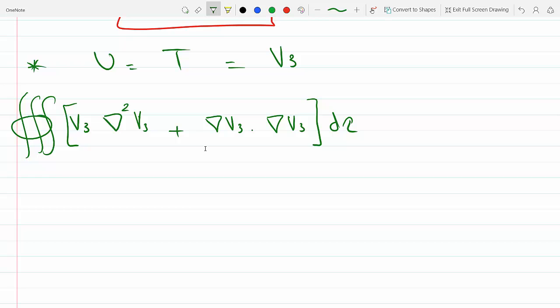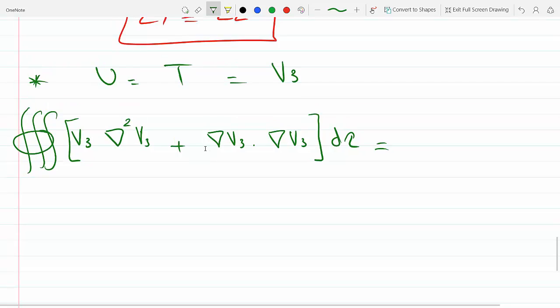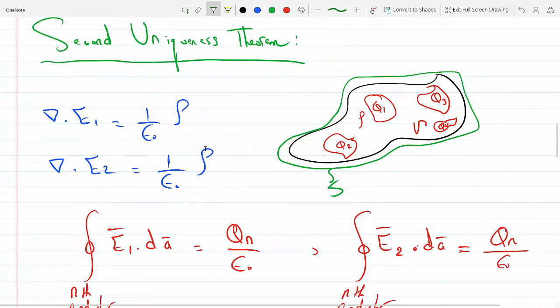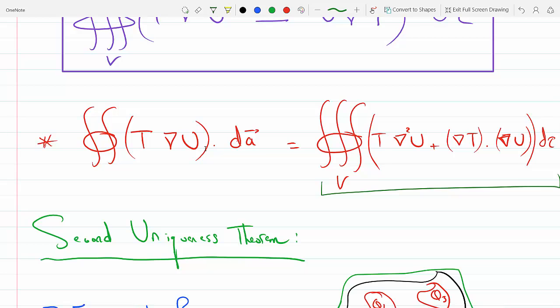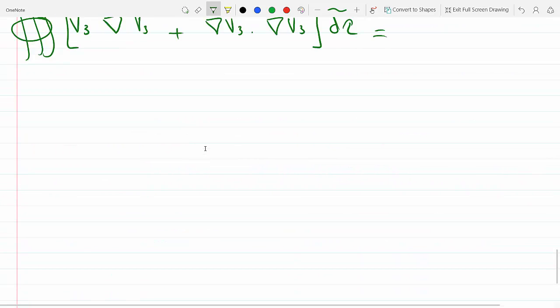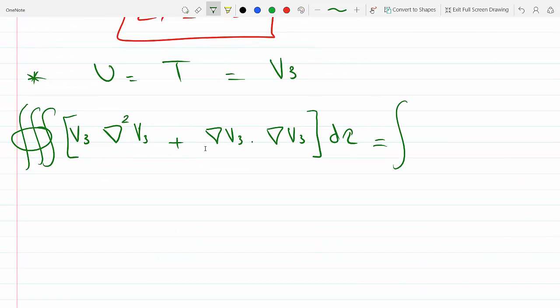Now what does this equal as a surface integral? If you remember, the left hand side of this was T gradient U dot dA. That's how we got to the right hand side in the first place. So again, using the divergence theorem and turning this into a surface integral over S, T is V3 and U is V3, dot dA.